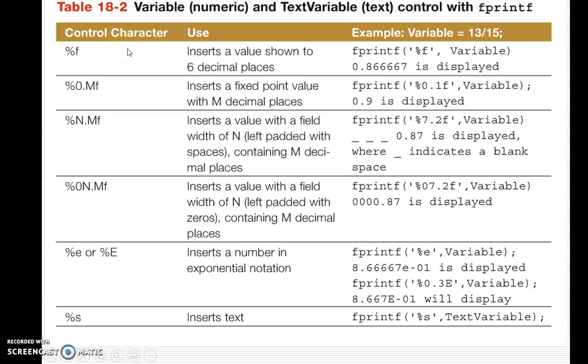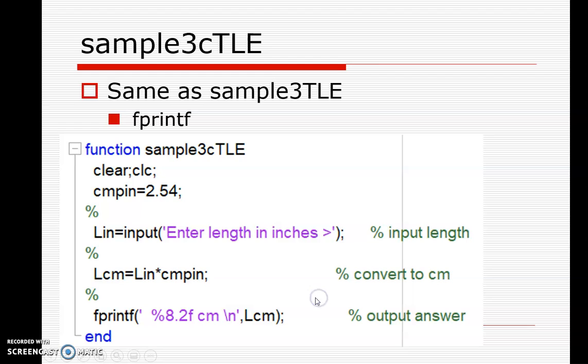There are 3 variations on the real. You've got exponential. You can do an integer. You can do a string. So here's my sample code. I left off the header. Again, you can download this one. So it's the same one we had before, only now we're going to output %8.2f.